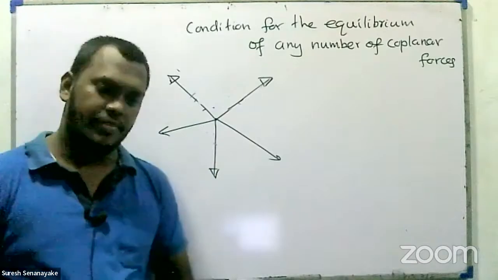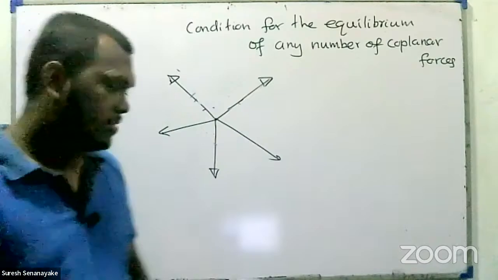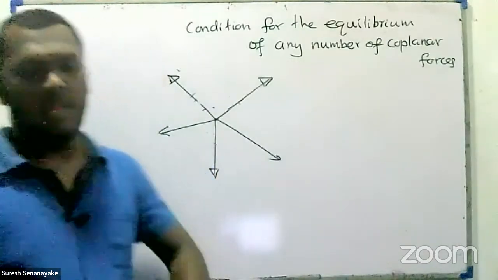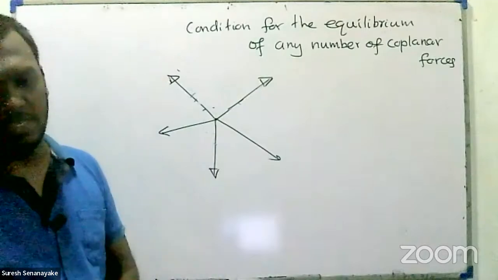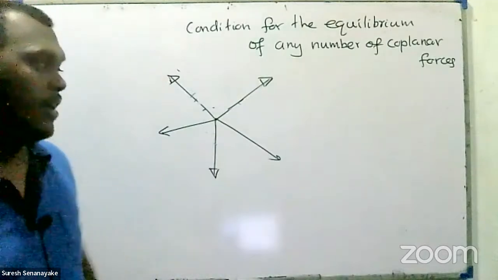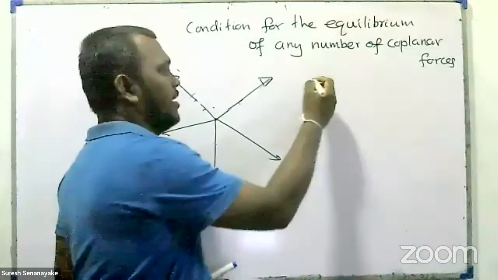The algebraic sum of the components of all forces in any direction should be 0. This is the first condition, right?